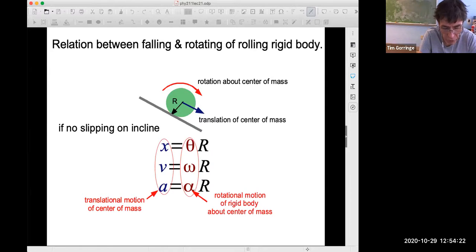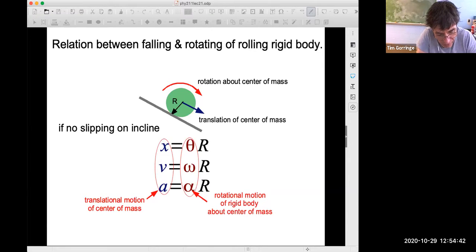I'm going to go through this slide pretty quickly because we met this slide before and I keep recycling it. When an object rolls down an incline, there's both rotational motion about the center of the object and translational motion of the center of mass of the object. Those two motions are related to one another.